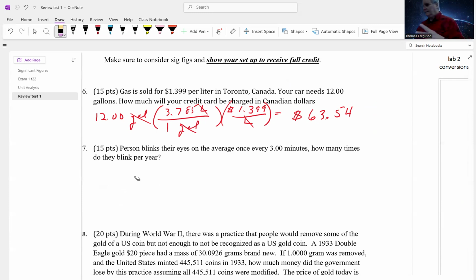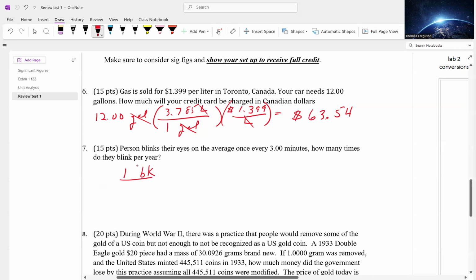So only instead of 3 minutes per blink, 1 blink for 3 minutes, because that'll put the blinks on top. Now when you're starting with a fraction, that means you got to end with a fraction.